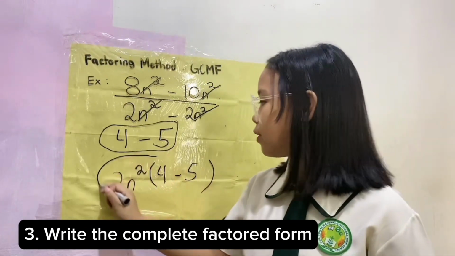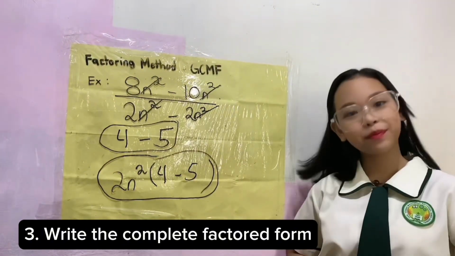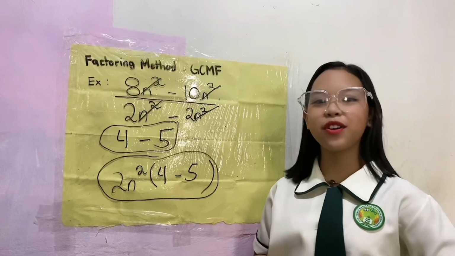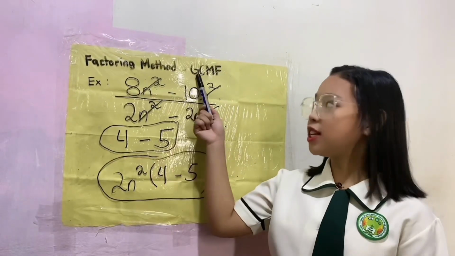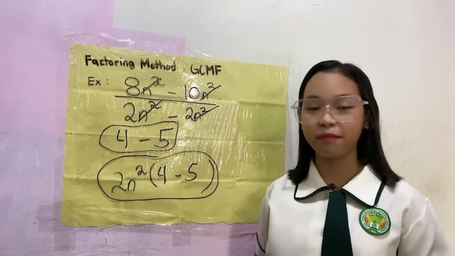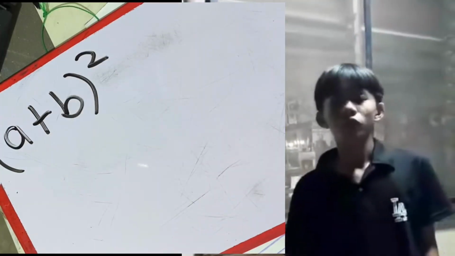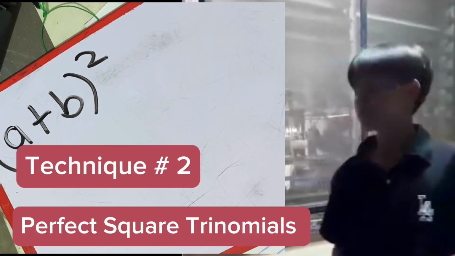This is now their complete factored form. So, that's how you factor polynomials by using the greatest common monomial factor method. So let us proceed to the second technique, the perfect square trinomials.